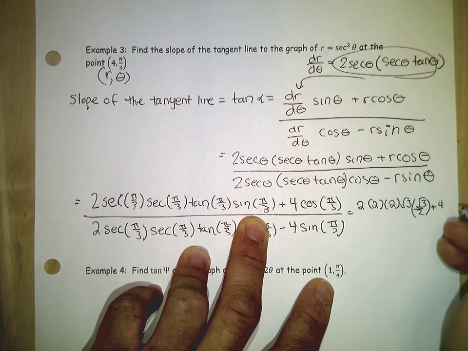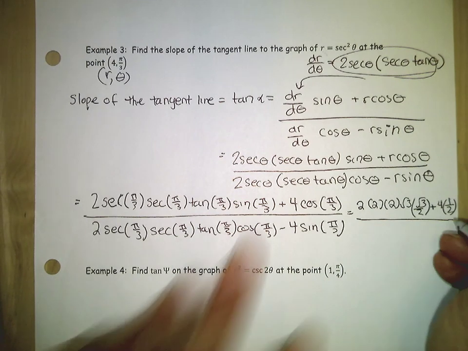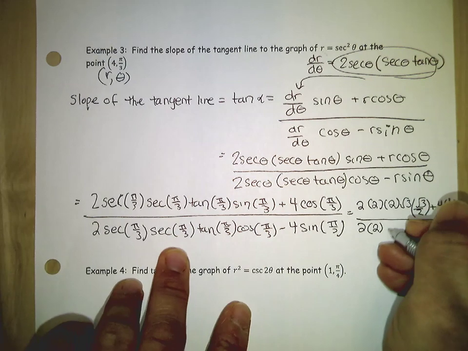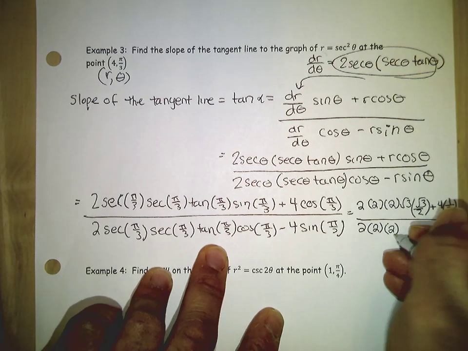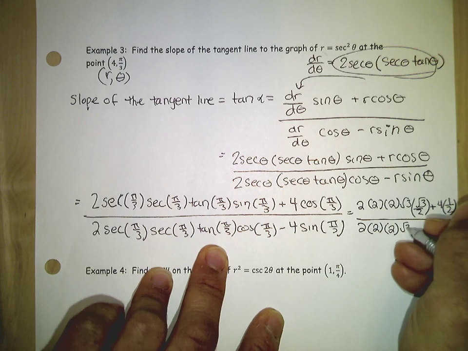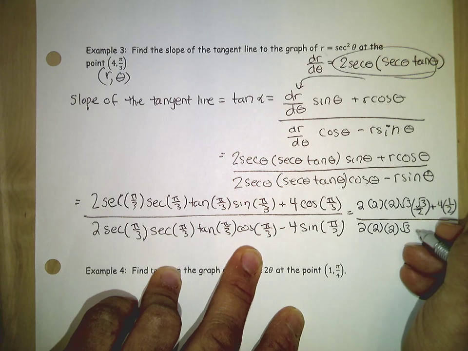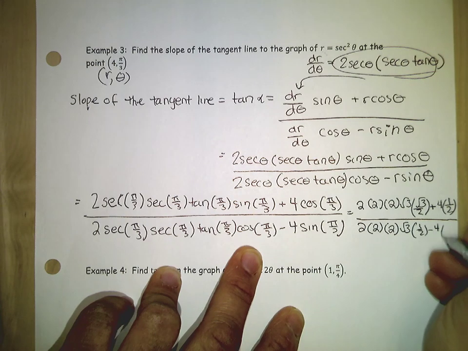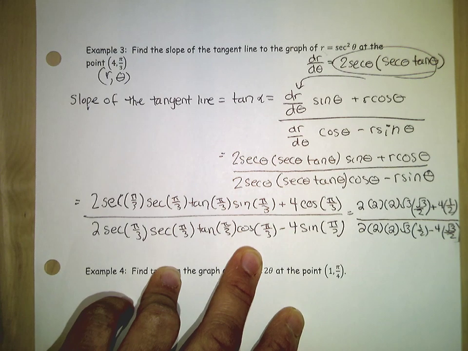And then the cosine of pi over 3 is a half, all over 2 secant pi over 3, 2. Secant pi over 3, 2. Tangent of pi over 3, square root of 3. Cosine of pi over 3, a half. Minus 4, sine of pi over 3, square root of 3 over 2.